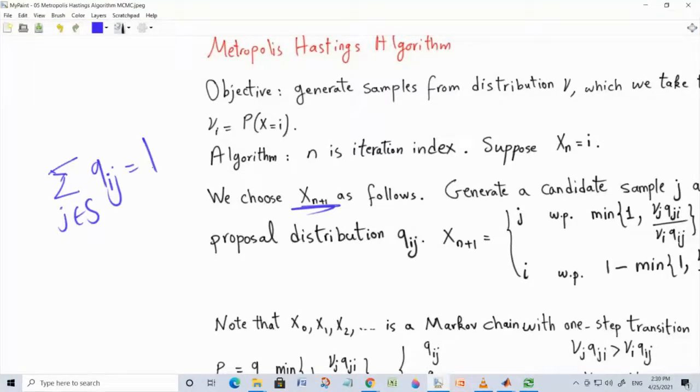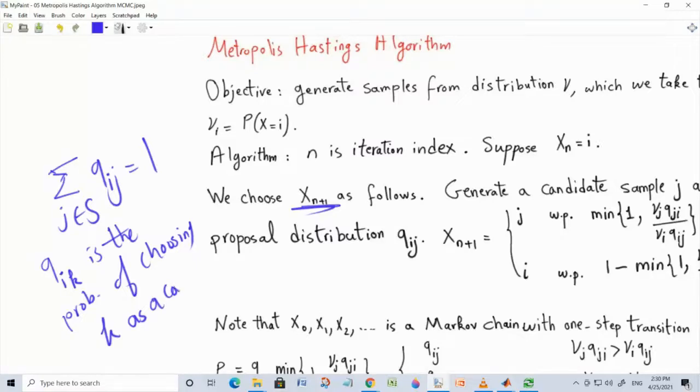It's called the proposal distribution. Q_ik is the probability of choosing k as the candidate next value.